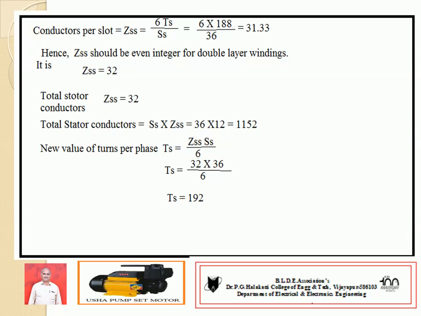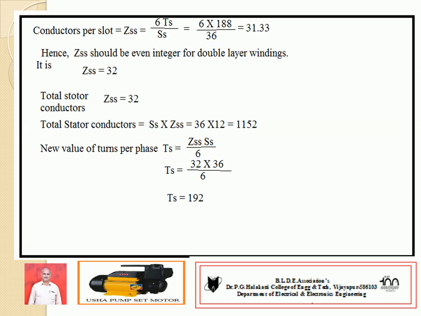Then I have to know conductors per slot, ZSS. ZSS equal to total stator conductors divided by total stator slots. For a 3-phase induction motor, I know 2 TS equal to 1 conductor, 2 turns equal to 1 conductor.